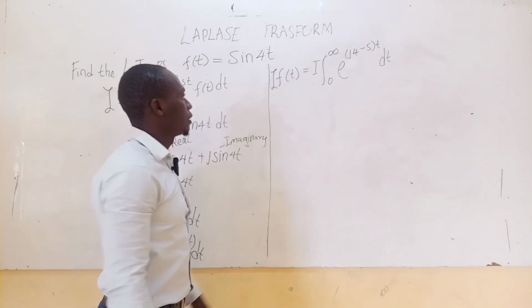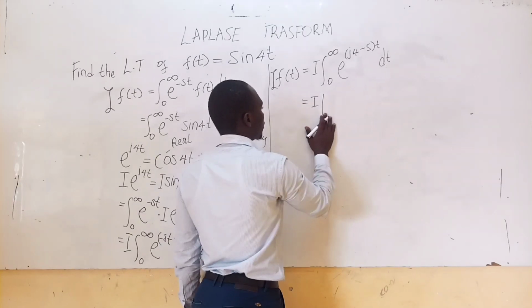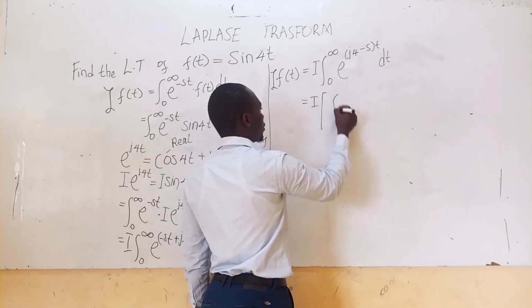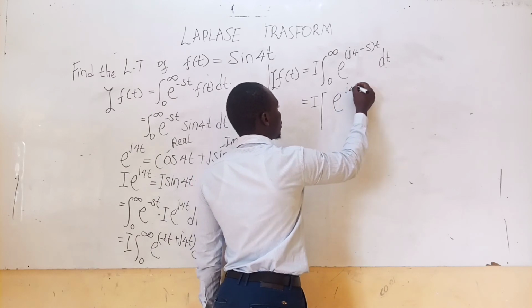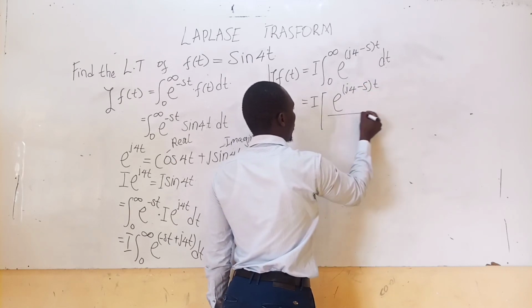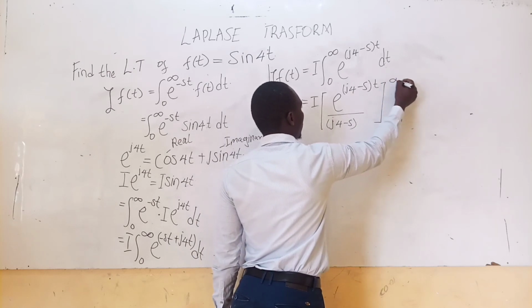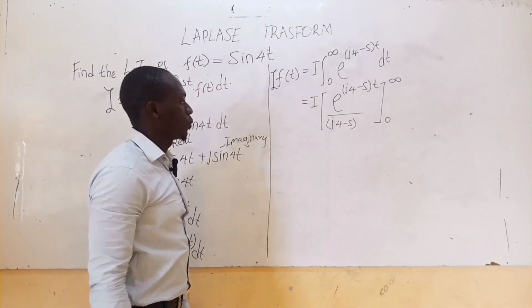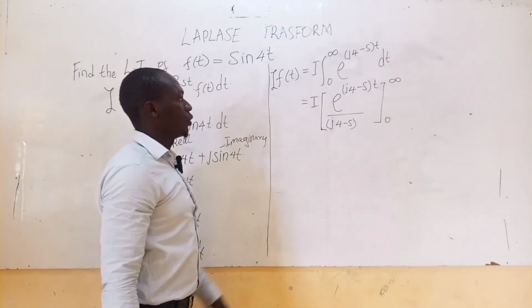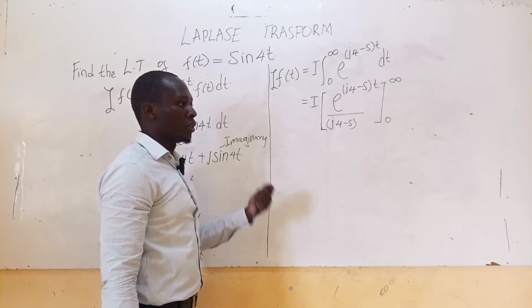Now let us do our integration. When we integrate, we have I times exponential of j a minus s t, over j a minus s, with respect to our limits. After integrating, we factor out the denominator since it does not contain a term of t, and then we insert our limits.